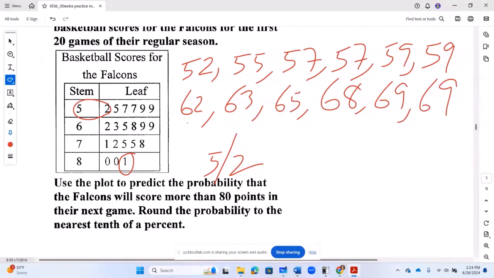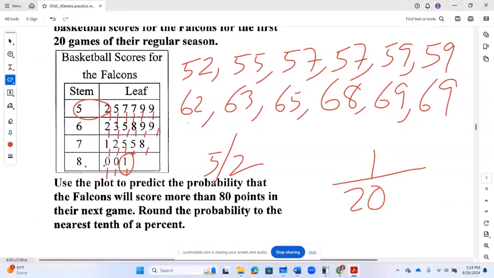So it's 81 over the total. How many are there? I have to count them: 1, 2, 3, 4, 5, 6, 7, 8, 9, 10, 11, 12, 13, 14, 15, 16, 17, 18, 19, 20. So the total is 20. So only 81, 1 out of 20, is the probability.